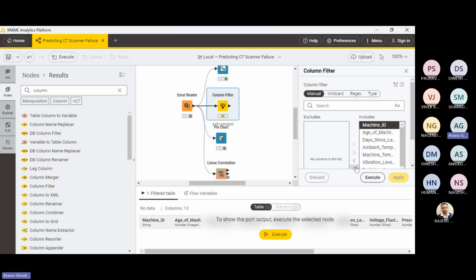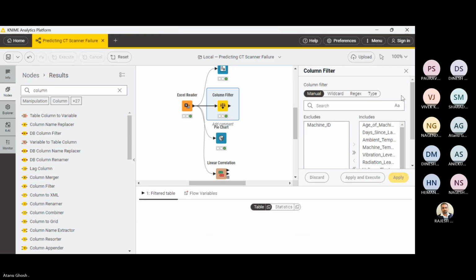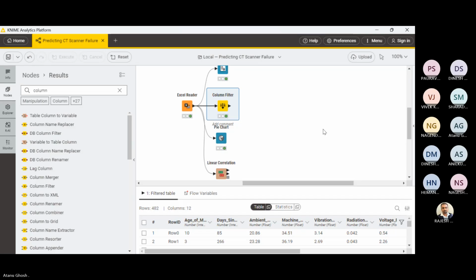Take this out. Okay, so we don't have it.